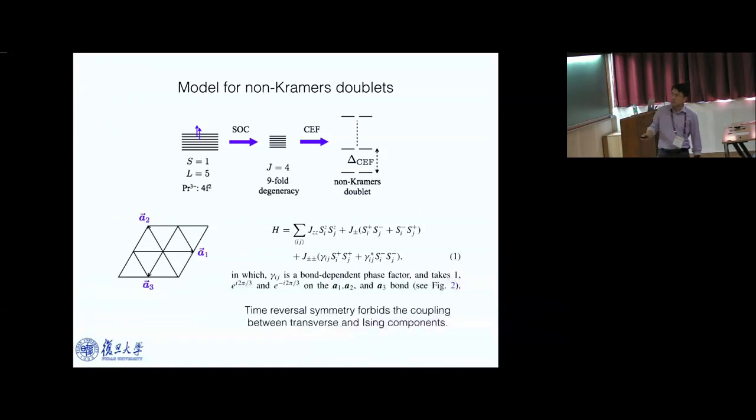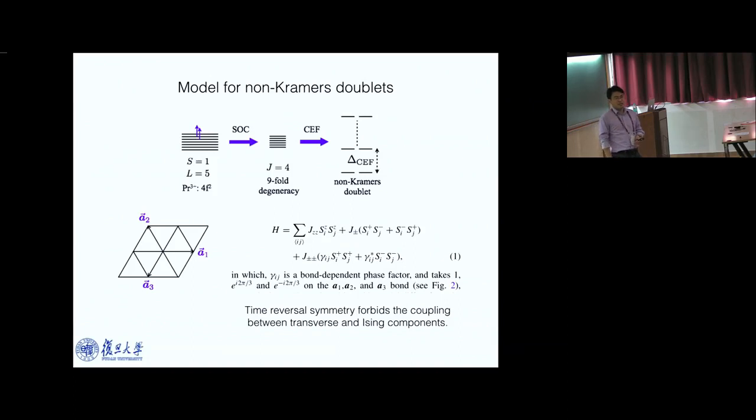In this system, the Z component of the spin is dipolar, is magnetic. The transverse component of the spin is non-magnetic. So if you couple the system to a magnetic field, it will couple to the Z component of the spin. Likewise, in neutron scattering, the neutron spin would only see the Z component of the spin.